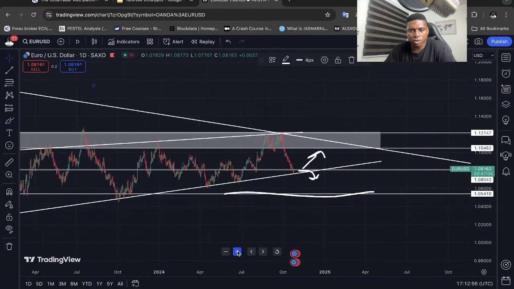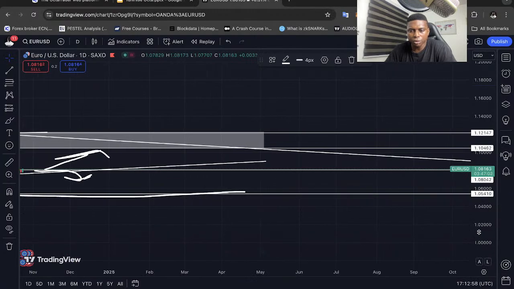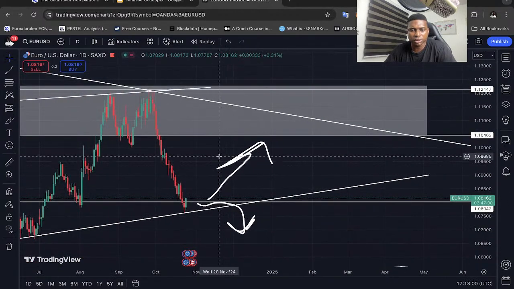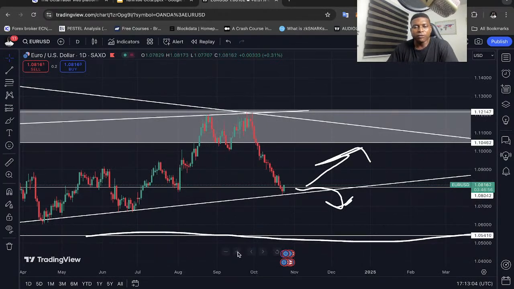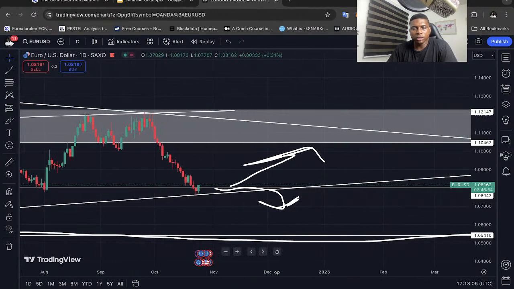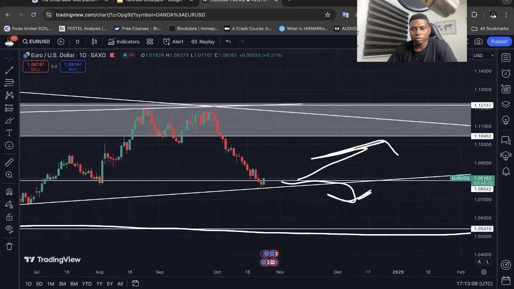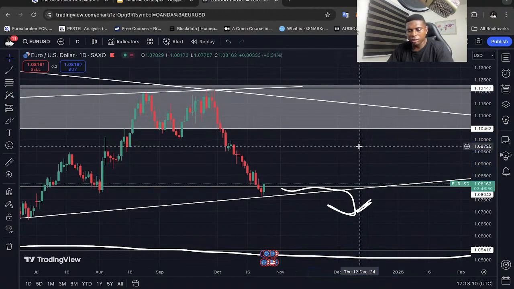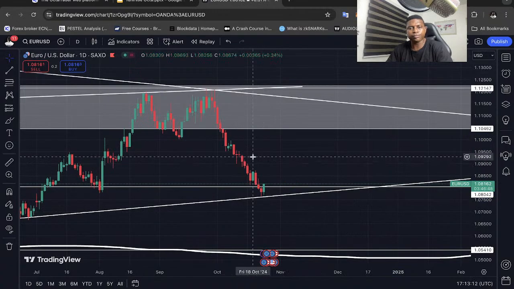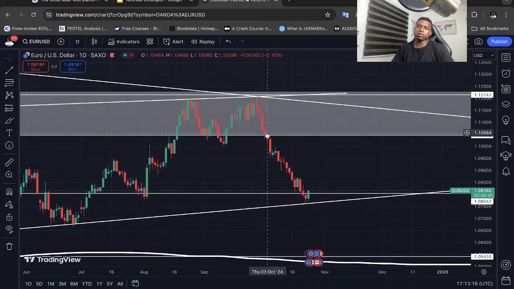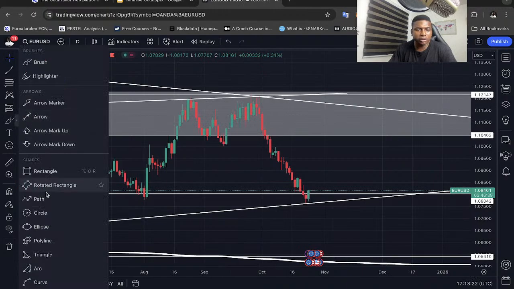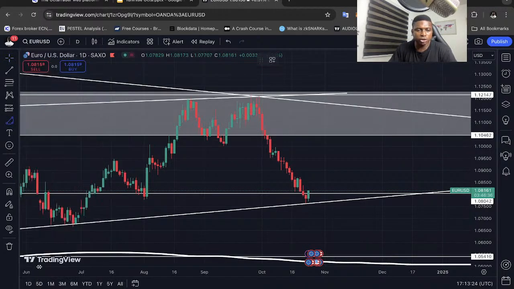Let's go closer to see the candlesticks as well. If we look closely on the chart here, we can spot a double top, which triggered the current drop in price.